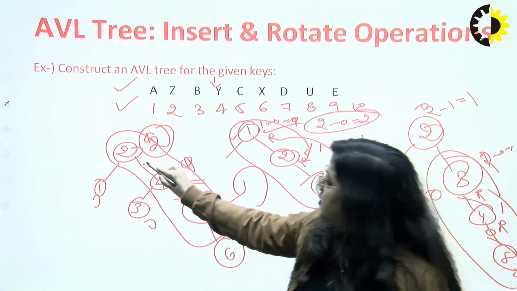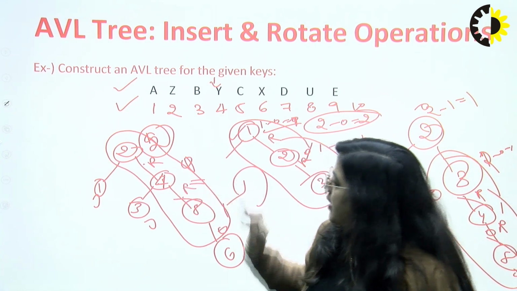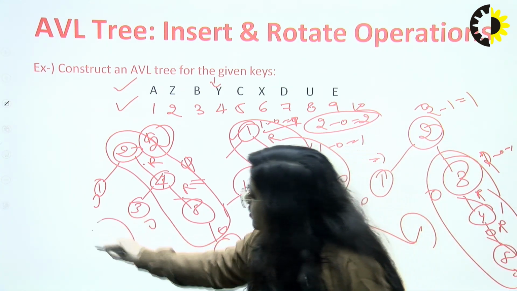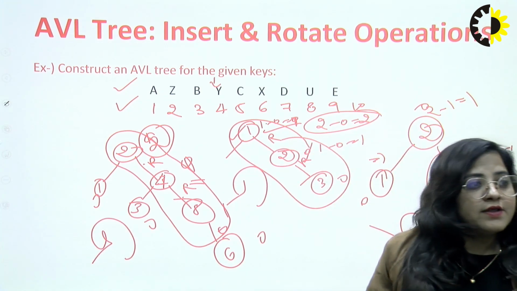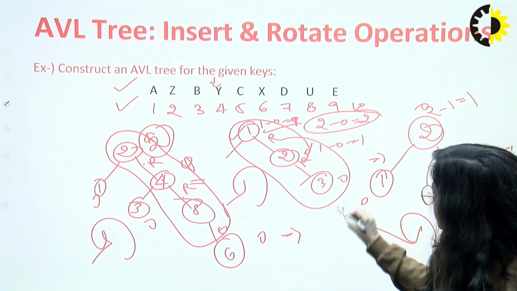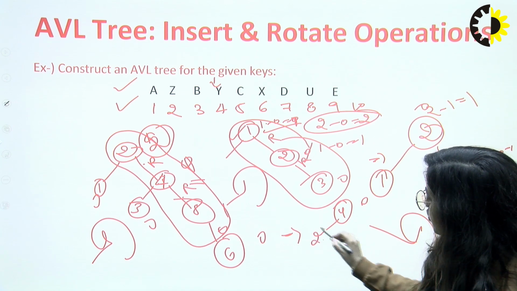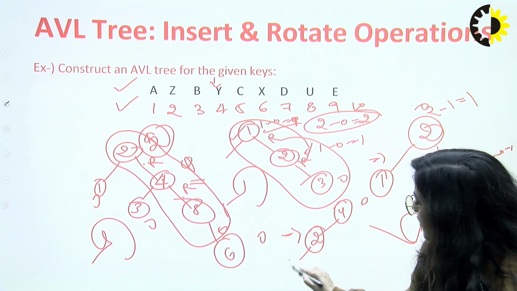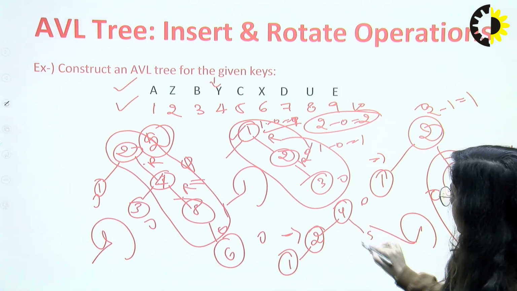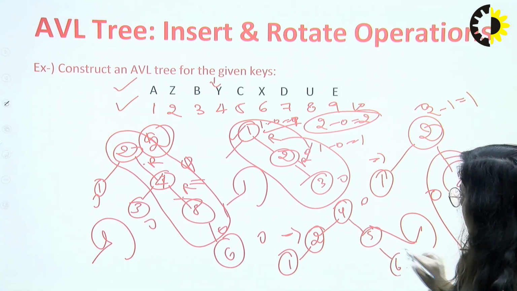Here RR rotation is required, which is anti-clockwise. According to the BST condition, 4 comes to the top, 2 on the left side, and 1 on the left side of 2. Now 5 will come and this will come 3.